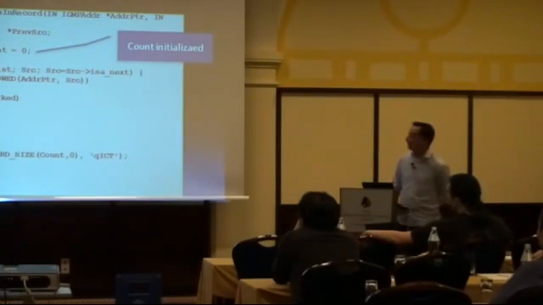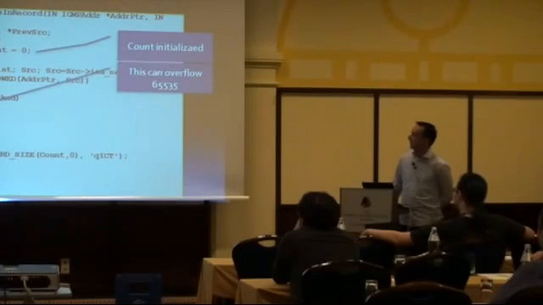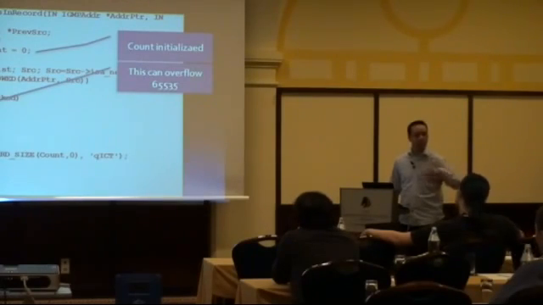Then let's say that we have in the IGMP packet more than 65K addresses. I mean, you can trigger this through multiple IGMP packets. Count is going to overflow, right? Once you reach 65K, the next one is going to be 0, right?